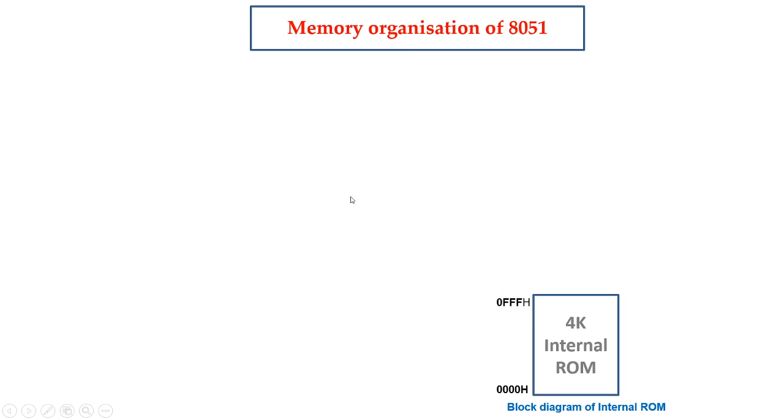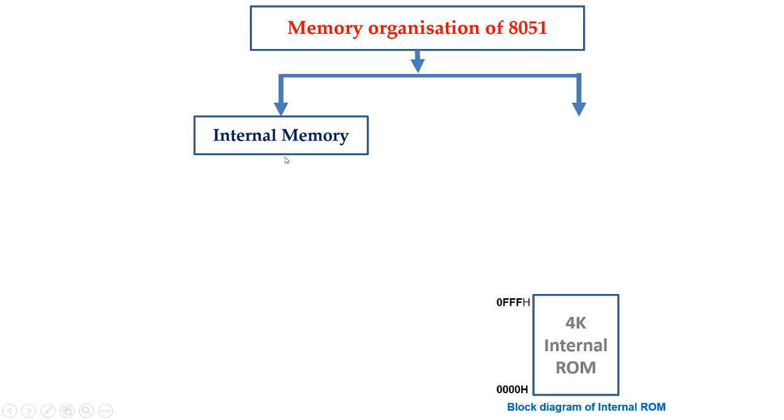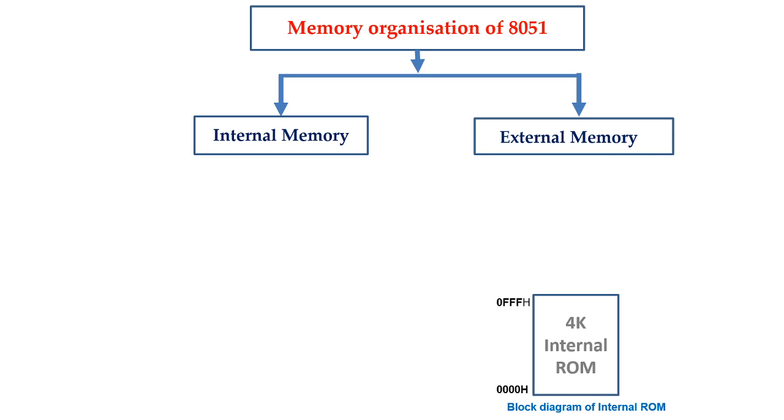Now let us discuss the memory organization of the 8051 microcontroller. This organization is divided into two types: internal memory and external memory of the 8051 microcontroller. External memory is 128K bytes.